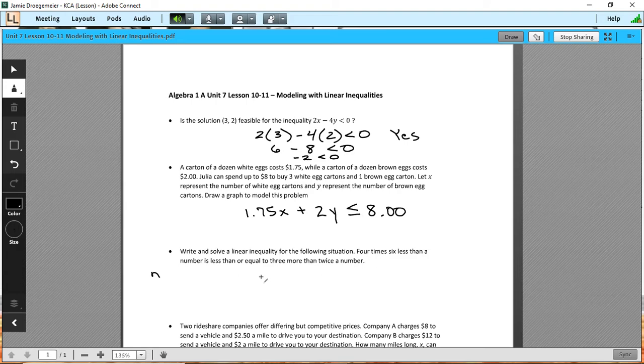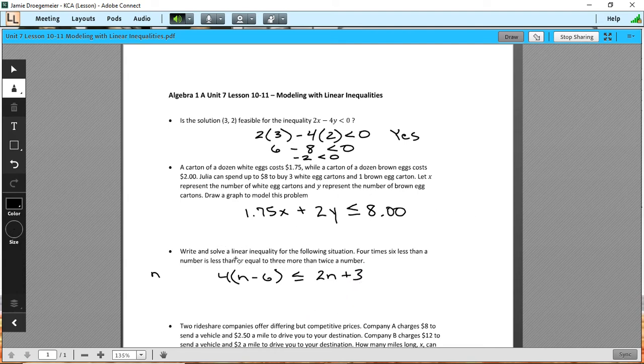So 6 less than n would be n minus 6. We're going to multiply that by 4. That is going to be less than or equal to 3 more than twice a number. Well, twice the number is 2 times n, plus 3. All right, so that's the inequality written.